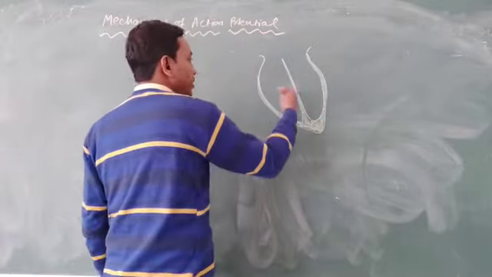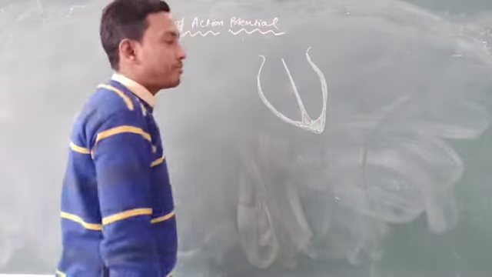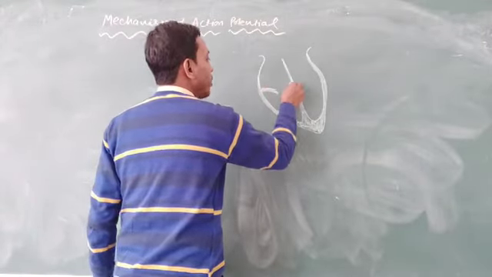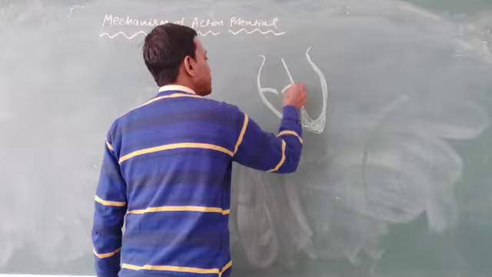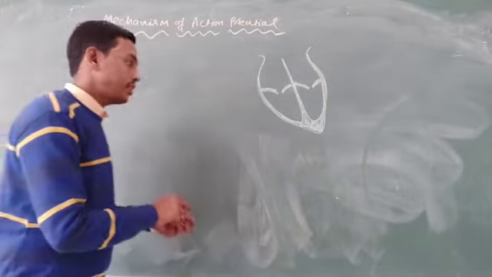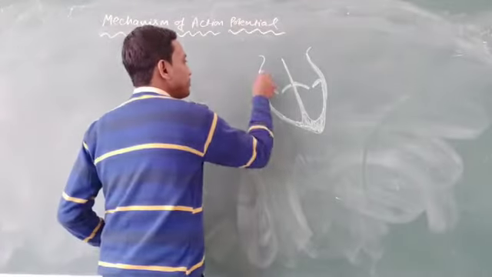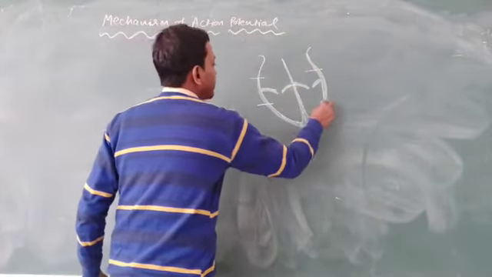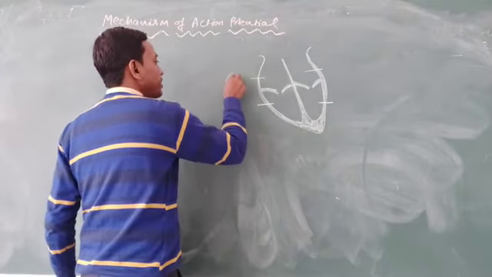This is the right and left part of the heart, and this may be represented as the heart valve. This is the right atrium and left atrium, right ventricle and left ventricle.